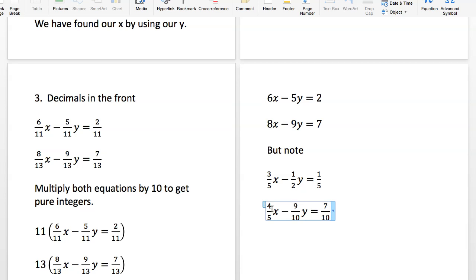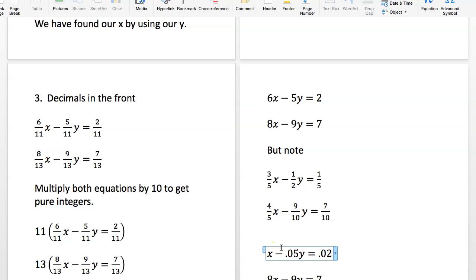Now, of course, if I want to get back when we do 0.06 minus 0.05 equals 0.02.